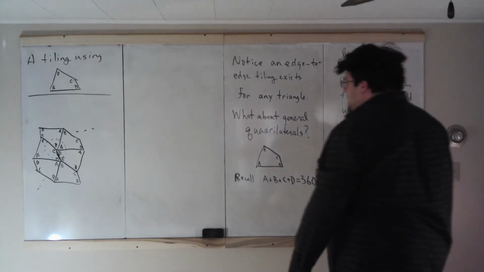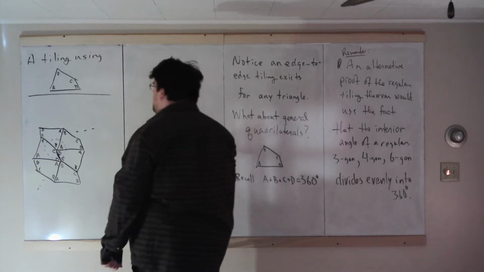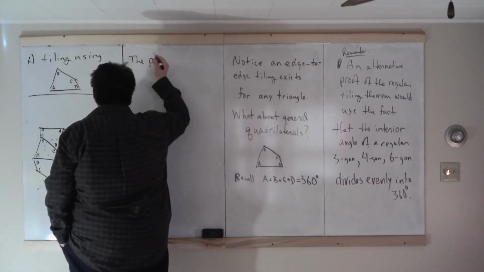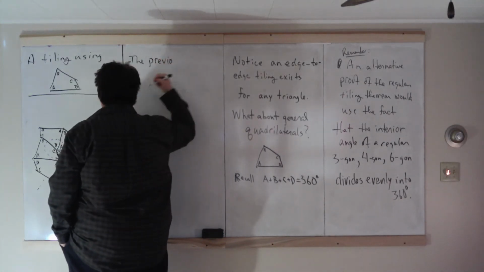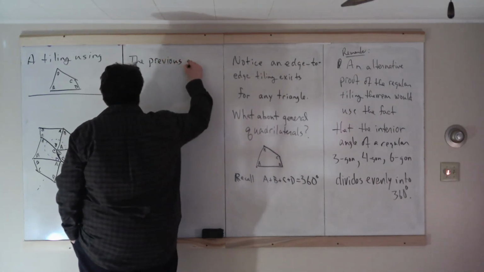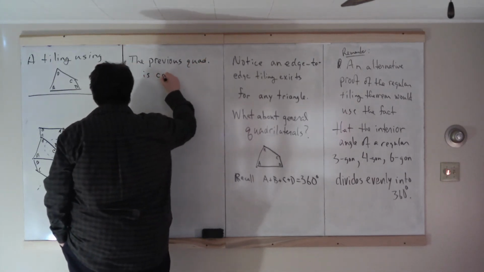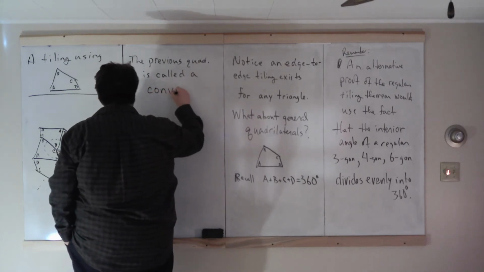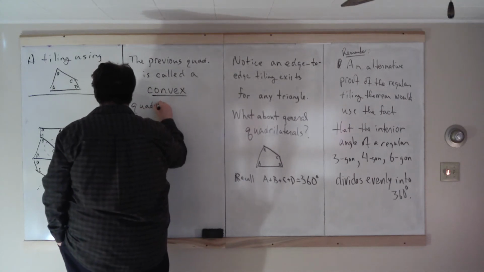Now, that is technically not the only kind of general quadrilateral. The previous, I'm not going to talk too much about this, but I do want to finish all quadrilaterals. So the previous quadrilateral is called a convex quadrilateral.